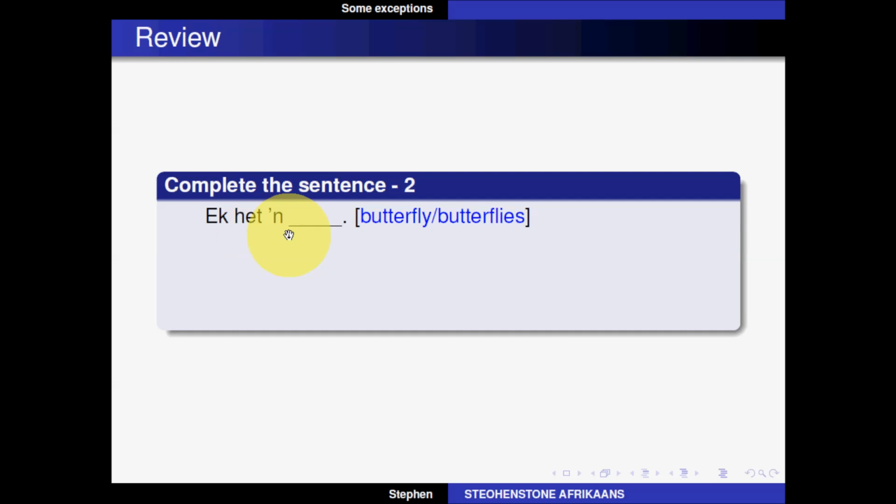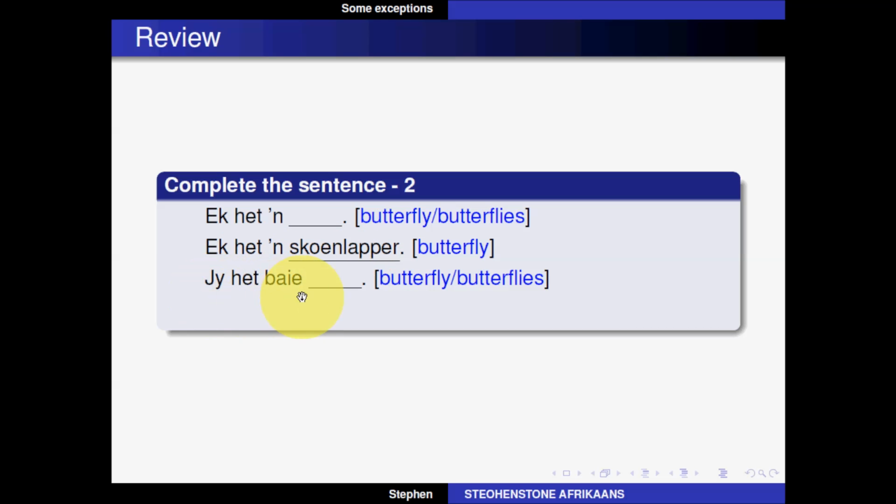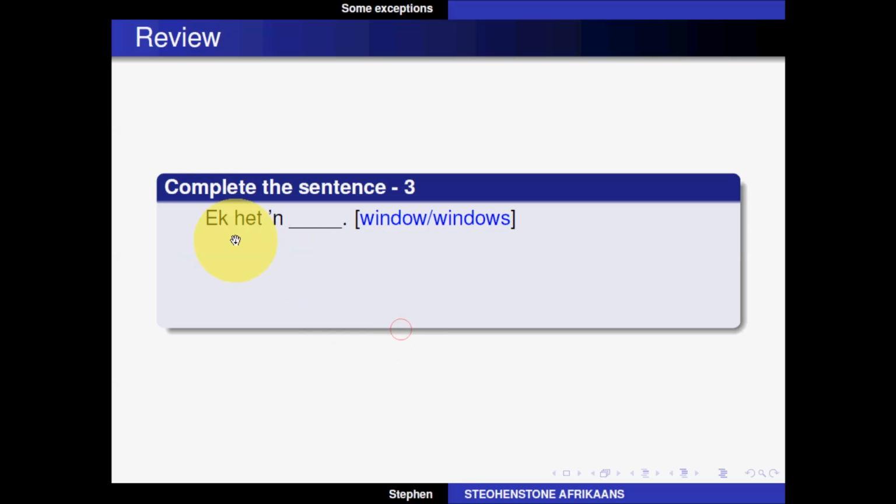Ek het 'n skoenlapper. Ek het 'n skoenlapper. Jy het baie skoenlappers. Jy het baie skoenlappers. Ek het 'n venster. Ek het 'n venster.